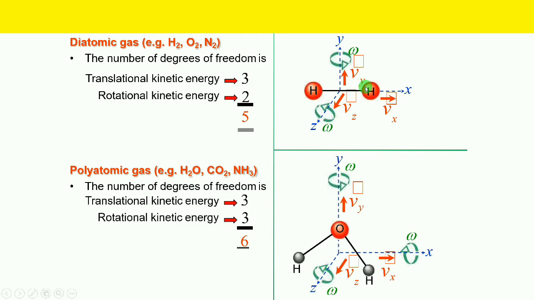When you consider this dumbbell shaped structure along the x direction, it can rotate along y or along z. So there are two possible ways in which it rotates, along y and along z, so you write two rotational coordinates, that is 2. So the total degree of freedom will be 2 rotational and 3 translational, so a total of 5 degrees of freedom for diatomic gas.